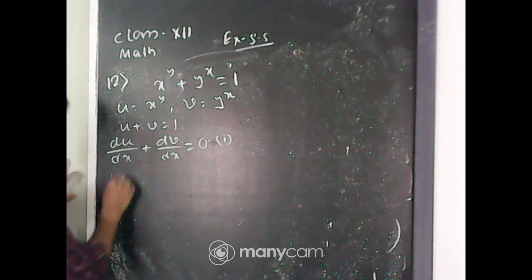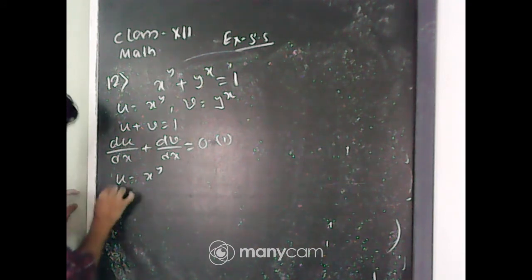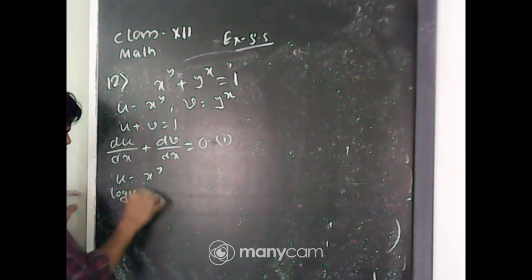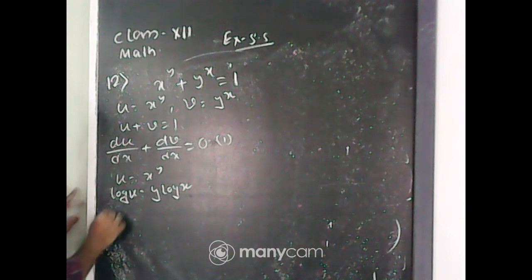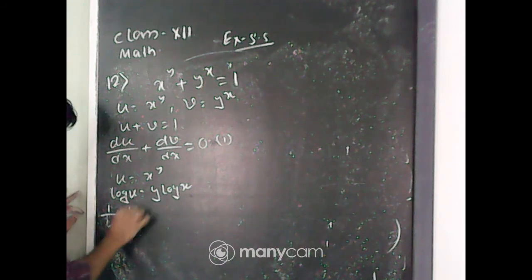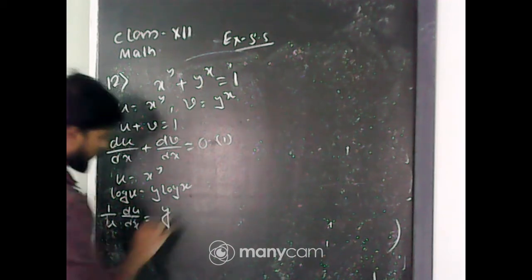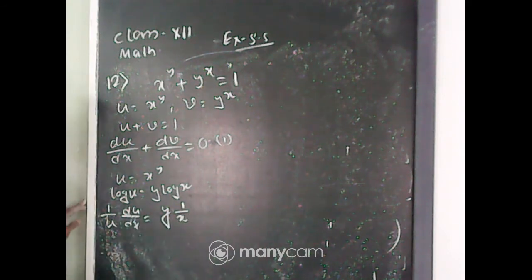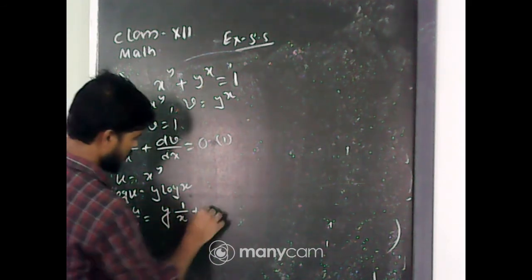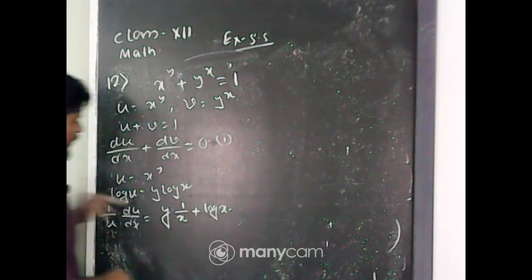Now what is u? u equal to x to the power y. So to differentiate it, first take log. So log u equal to y log x. Now differentiate it. So (1/u) du/dx is equal to: first function y is constant, into the derivative of the second function, which is 1/x, plus the second function is constant, that is log x, into the derivative of y.